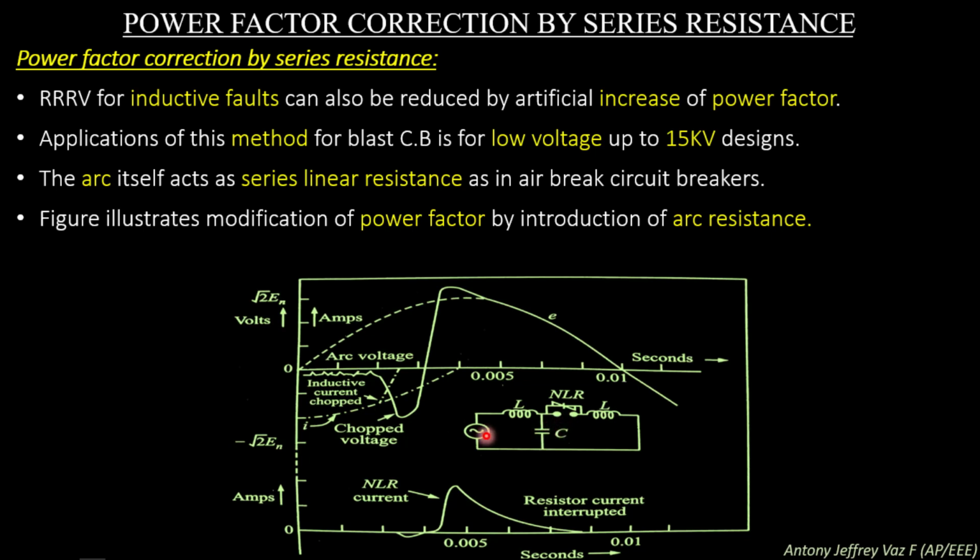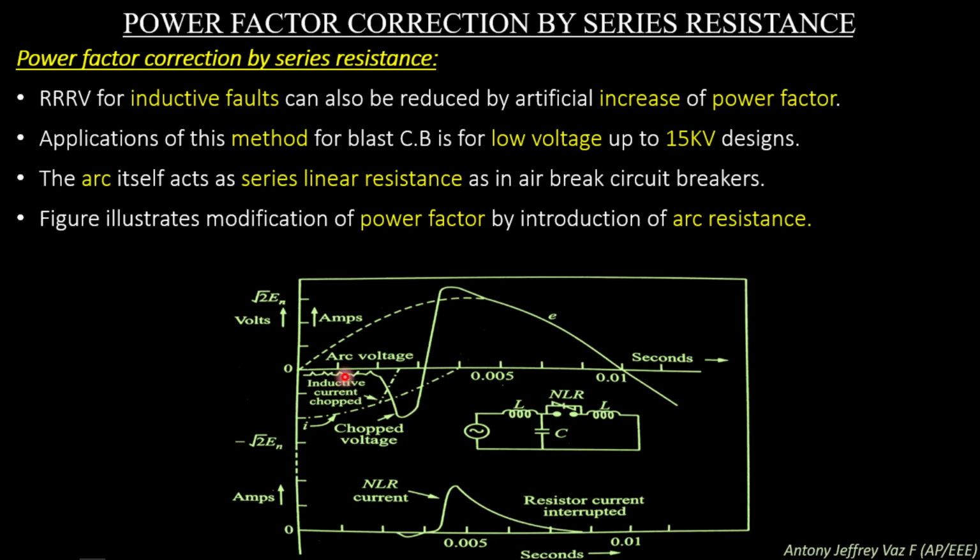Here the generator is present, and the series inductance and parallel capacitance are present in the system, and you can see the insertion of a series resistor, that is the linear variable resistor, which is created due to the arc. This creation of arc and the series linear resistance makes the power factor increase and the rate of rise of restriking voltage decrease.